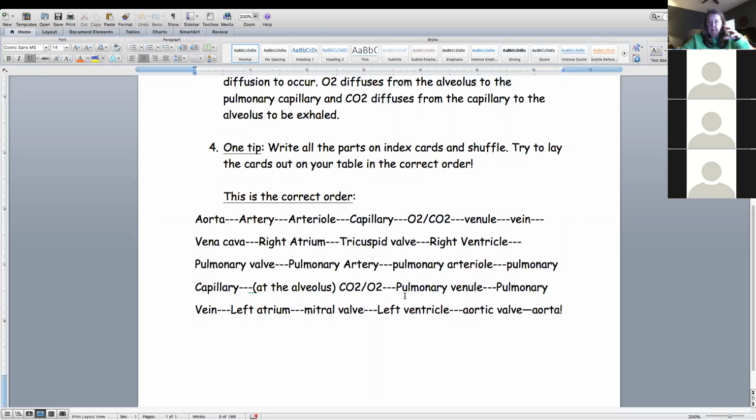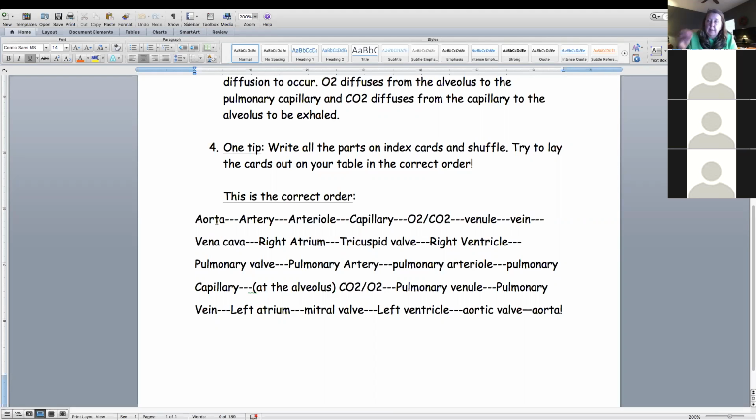Then after that capillary, it's going to go to a pulmonary venule, little vein, which joins the pulmonary vein. And the pulmonary veins now have oxygen in them, and are going to come into the left atrium through the mitral valve, to the left ventricle, to the aortic valve, aorta. You can see in my words here, I started at the aorta.